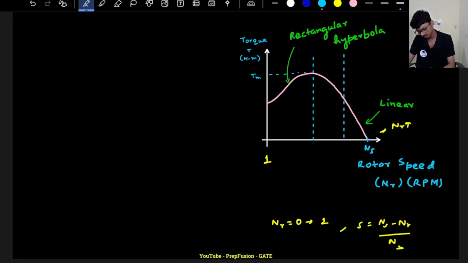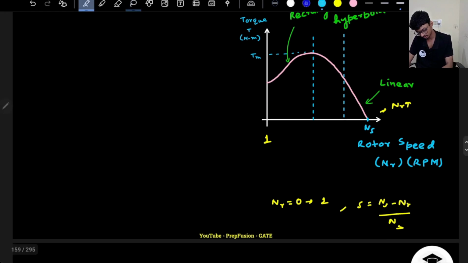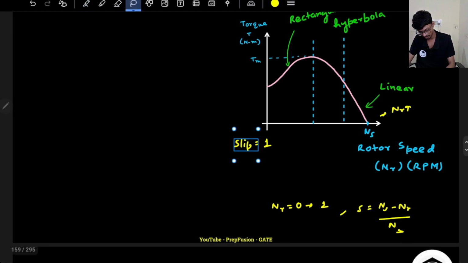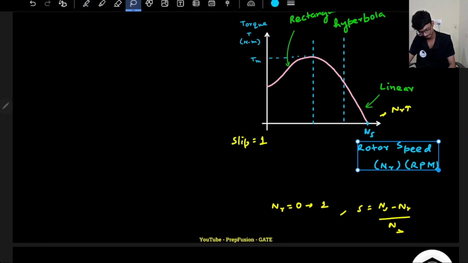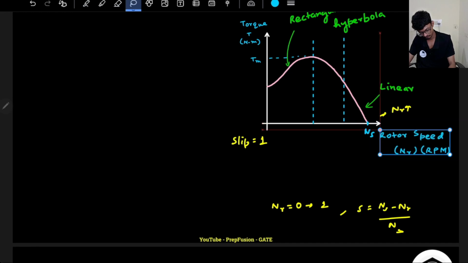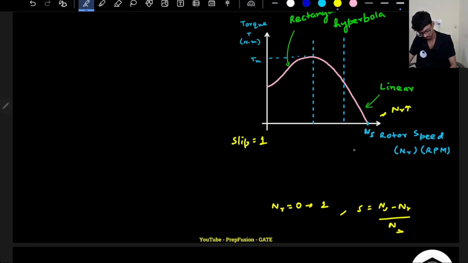So this is the point where my slip is 0, and here the slip is equal to 1.